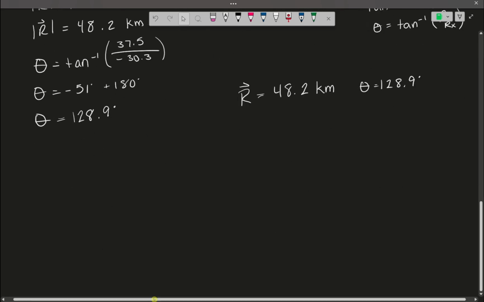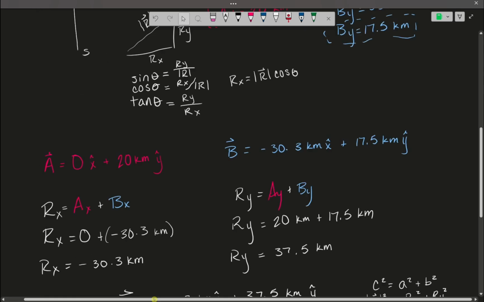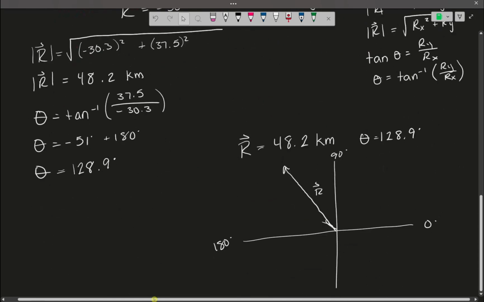And if I wanted to plot this out, right, I would want to go, this is 180, this is 0, this is 90, 128 would be in this direction, and 48 would be out this way. This does indeed look like the resultant vector I expect from my visual drawing that I made. So this would be the solution.